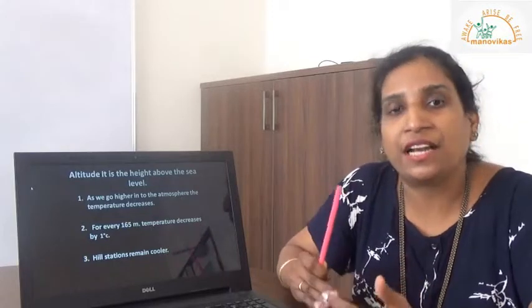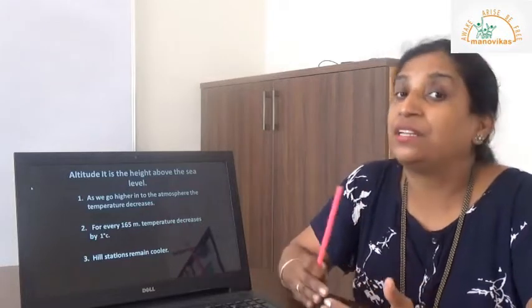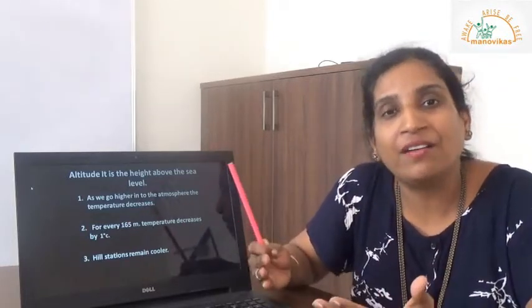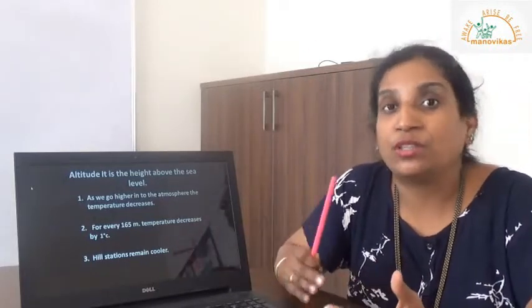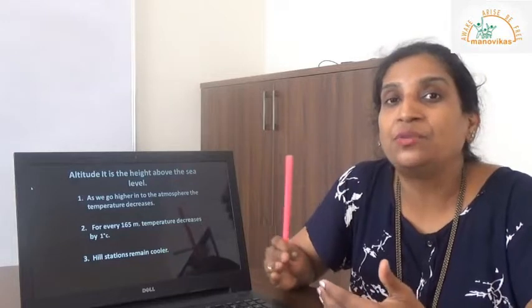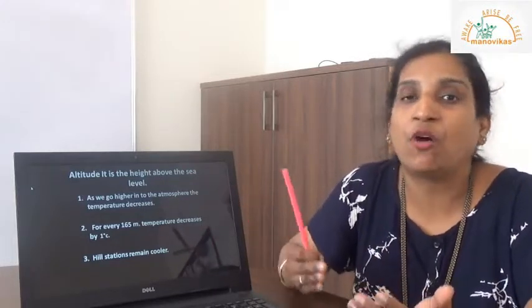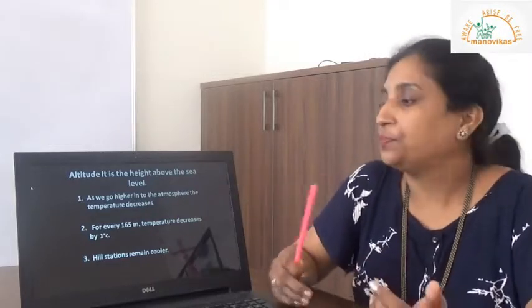Now see the difference in the climate. When you are near sea level or on the plain regions, it is much hotter or warmer. As you go higher on the highly raised land, it becomes cooler. So this is how altitude, the height above sea level, also determines the climate of a particular region.